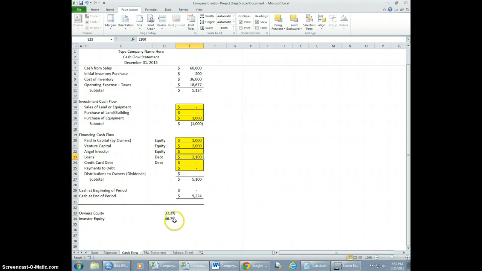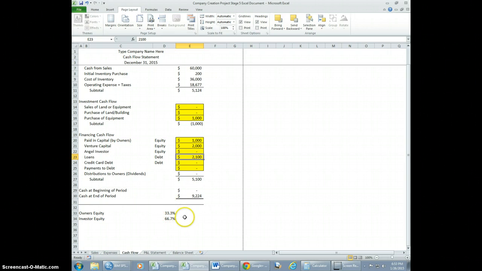And we've got this handy dandy breakdown right here that shows, based on how much money was raised by the owners versus how much money was raised by the venture capitalists, or investors, you could also call them, the percentage of ownership of the company by the owner versus the percentage of ownership by the investor.